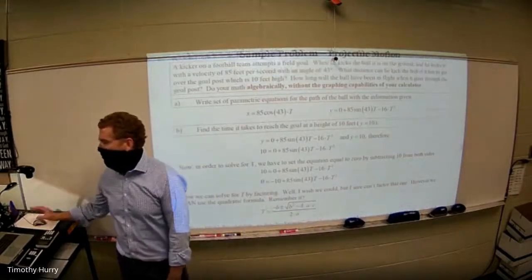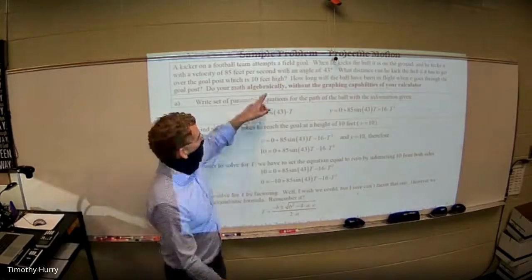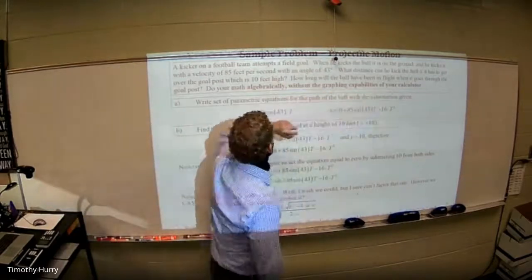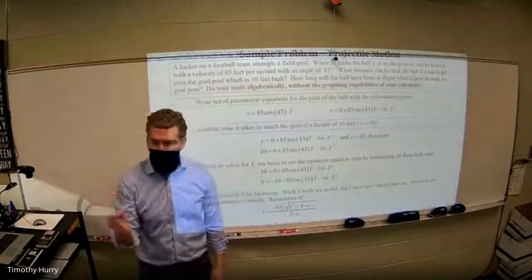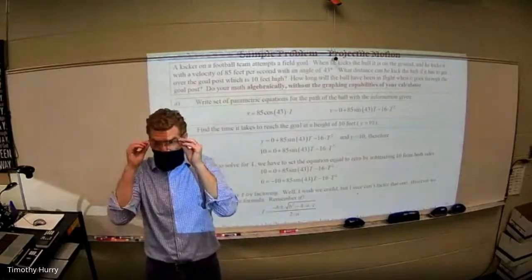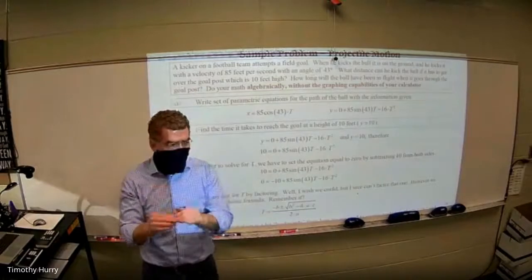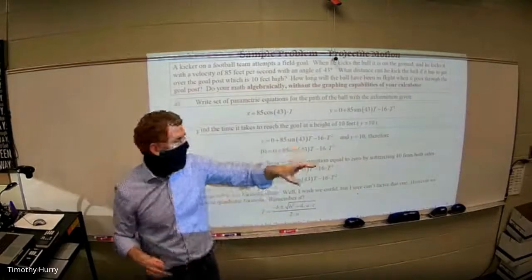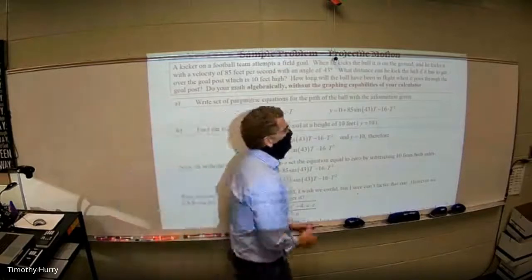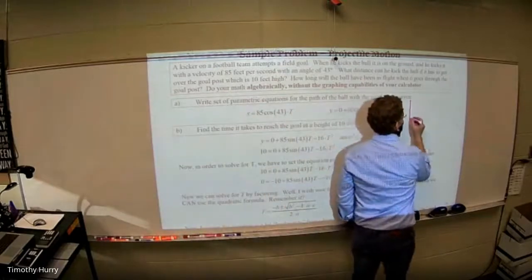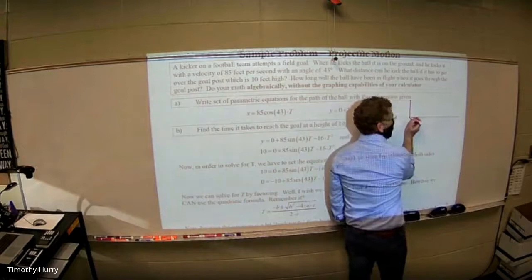Okay, so the question was, how long will the ball have been in flight when it goes through the goalpost? Now, what do you know about the location of the goalpost? Because I don't know how long that's going to take right now. It's 10 feet high. So if you think about the image of this, I'm kicking it from the ground, right?